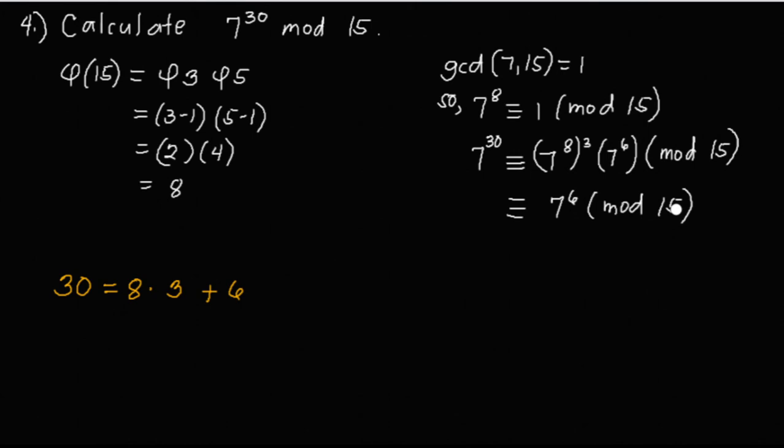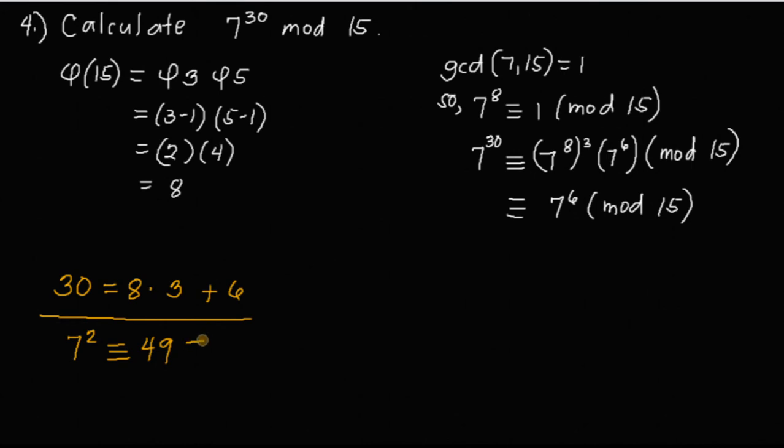So, paano natin gagawin? Again, ang pwede natin gawin dito, pababain ulit natin yung value. So, let us first find 7 raised to 2. 7 raised to 2 is equal to 49. 'Di ba?